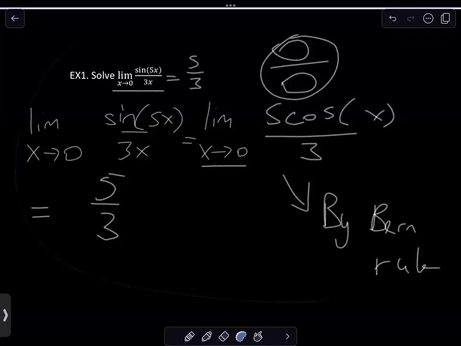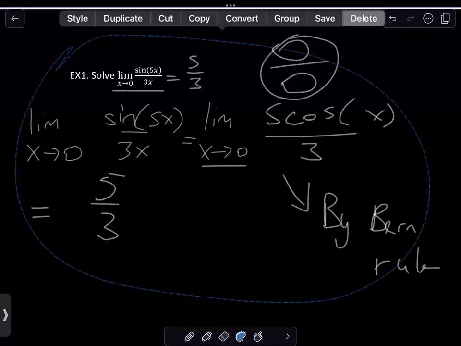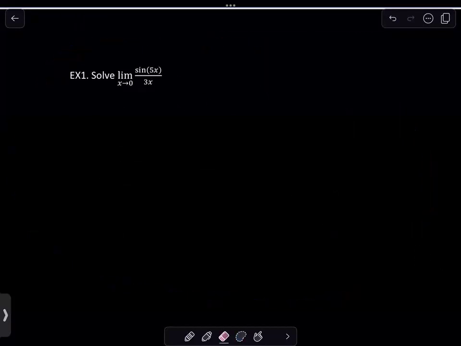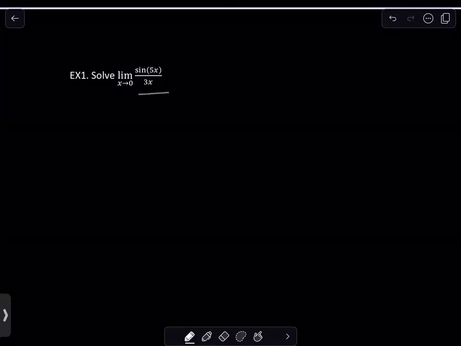Let's try another way. Let's assume that in this example, you didn't know what Bernoulli's rule is. How would you try and do this? So we go to step 2, basically. We try and manipulate this expression into a form where we can make a direct substitution, or where we can use one of these special trig limits. And the special trig limit that I want to use, notice how I have a sine in the numerator and a variable in the denominator.